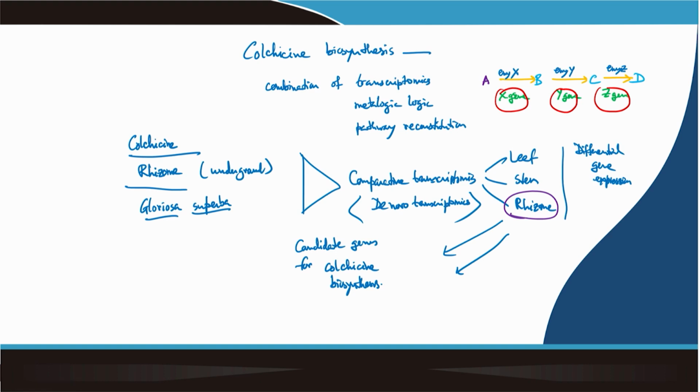Once they created the concept, they characterized these genes, cloned them, and studied the functional expression of these genes individually in a eukaryotic system to confirm that indeed gene X converts A to B, gene Y converts B to C, and gene Z converts C to D.